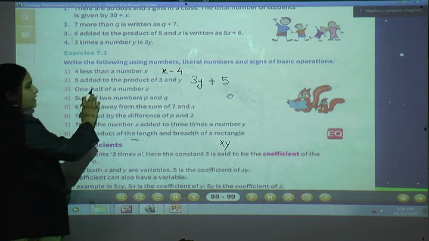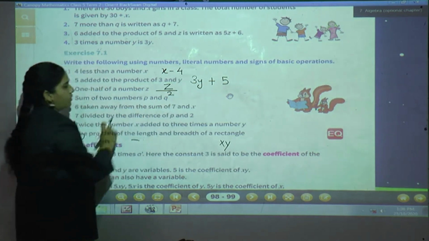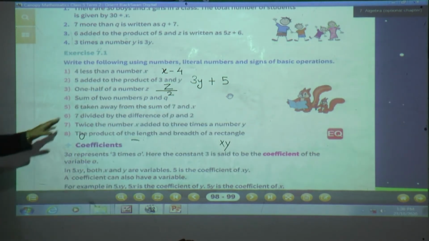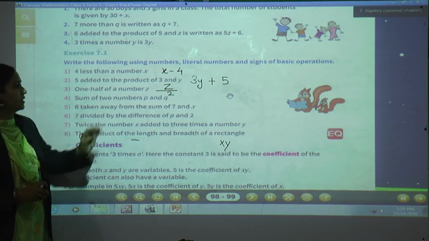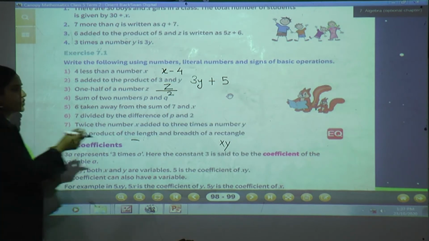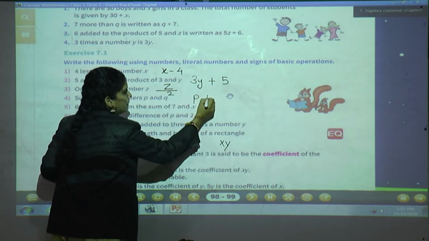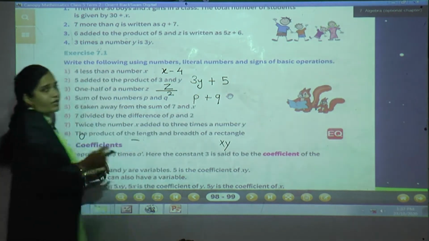Now the third one, 1/2 of a number z. That means division, so z upon 2. Now the sum of two numbers p and q. Sum means addition, so what can I write here, students? Yes, p plus q. Very good.